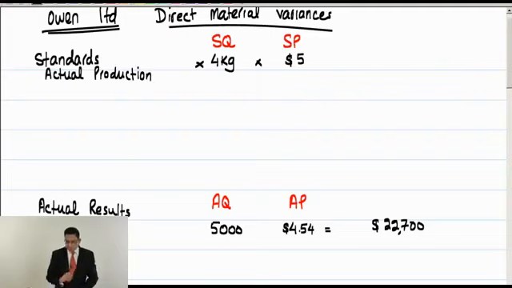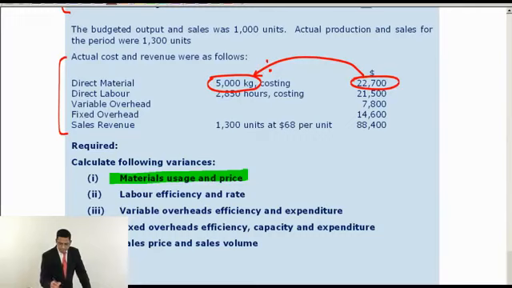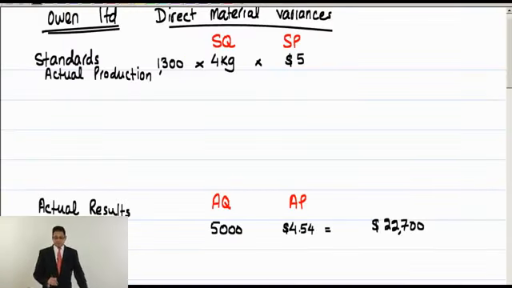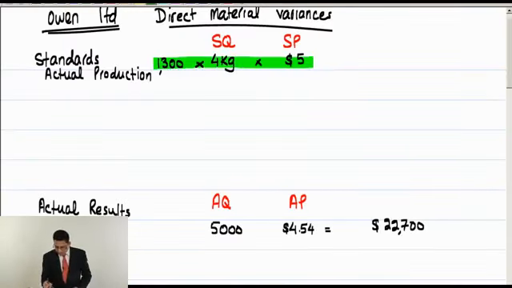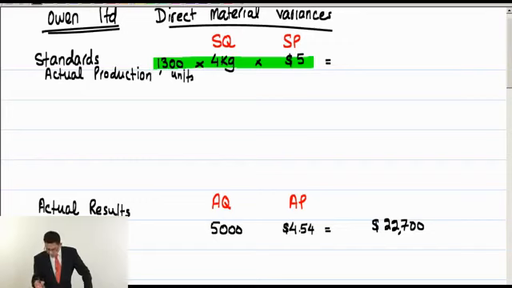How many actual units were produced? And I think we saw in the question that 1,300 units were produced in this period, which I can show you here. Okay, so 1,300. Now this is the meaningful calculation, which is 1,300 units times 4 kilos multiplied by $5, which gives us something like $26,000, I guess.